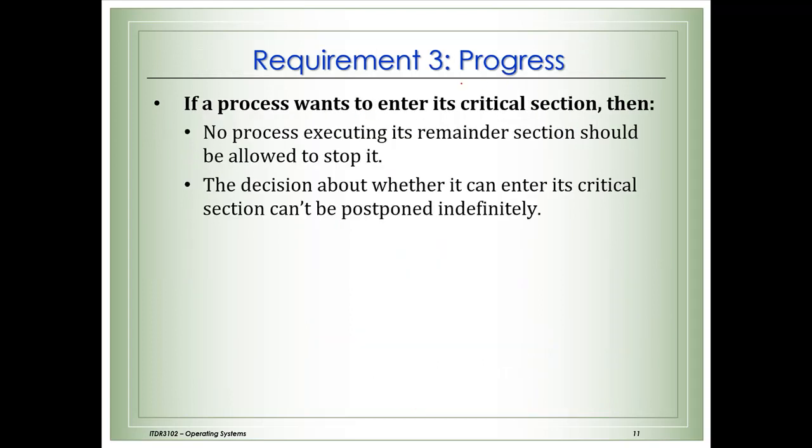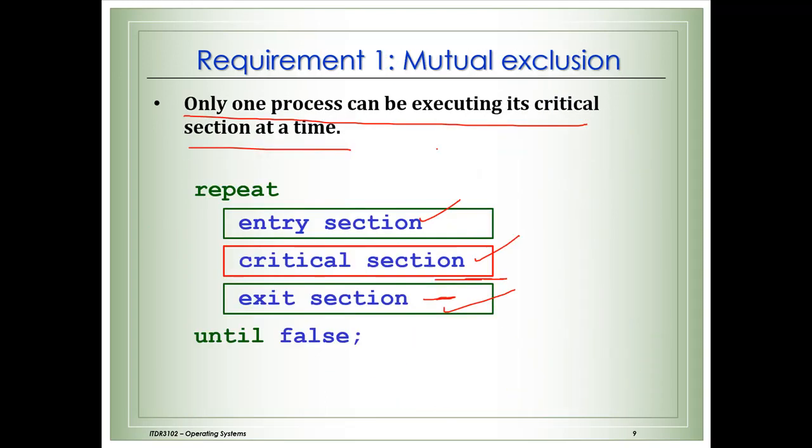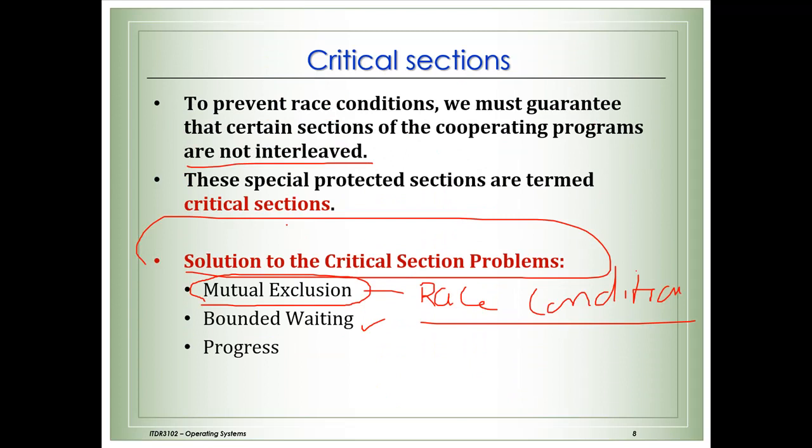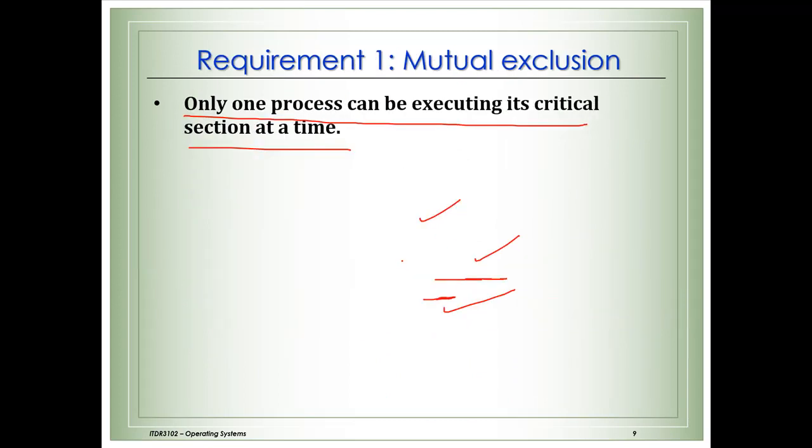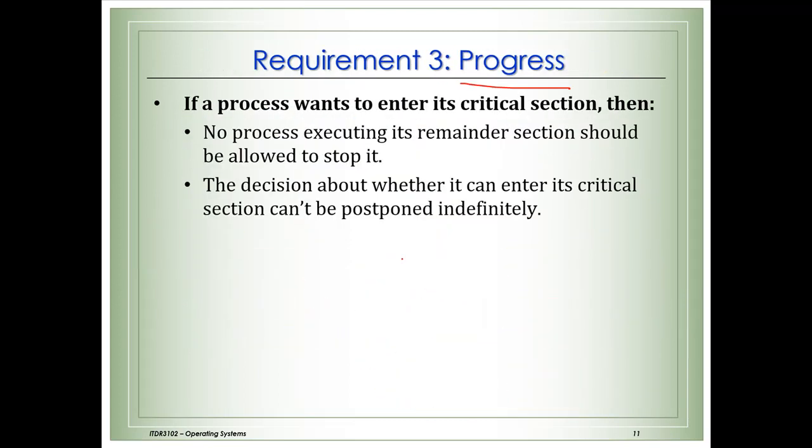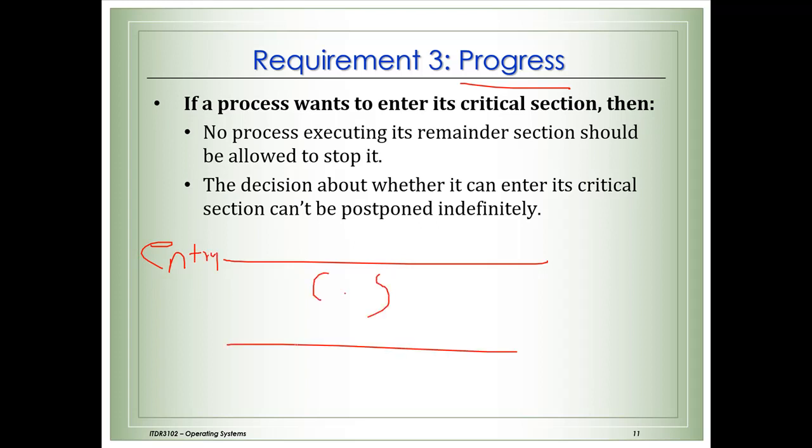Then the third property that should be implemented to resolve the critical section problem is progress. Again we have the entry section, then the critical section, then the remainder section.